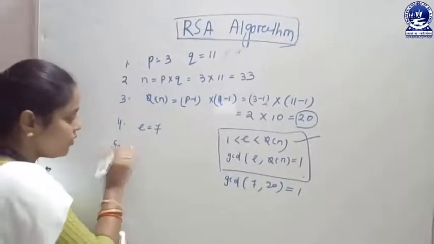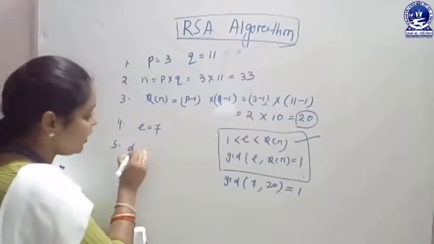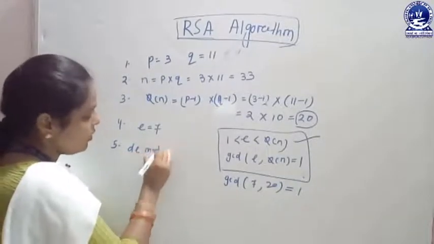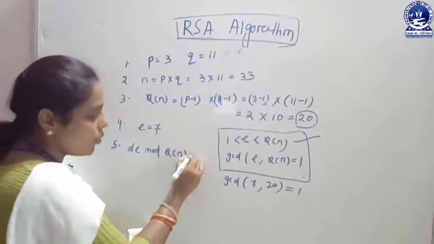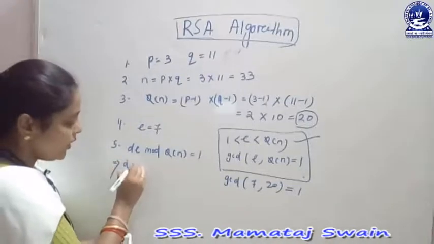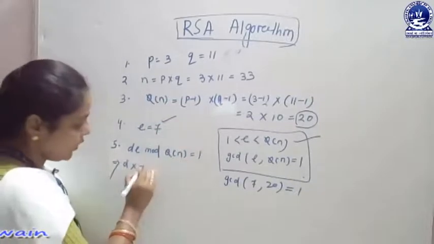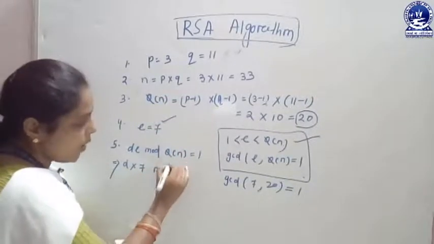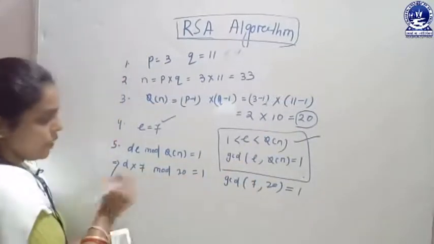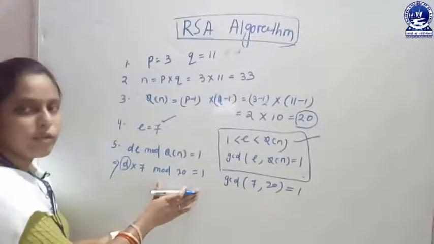Then next we calculate the d value by taking the equation, that is d into e mod phi of n equal to 1. Now which implies here d into 7 mod 20 equal to 1. That means we choose the d value which satisfies this equation.